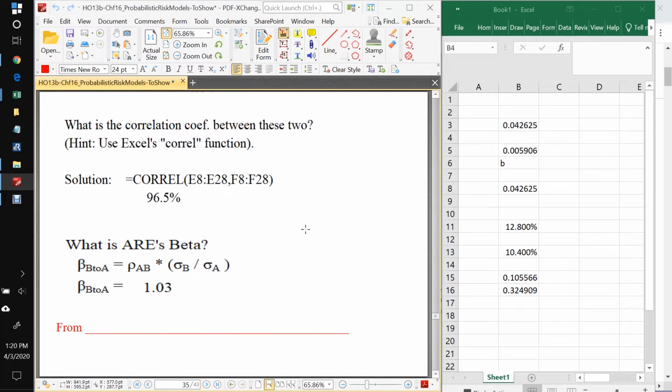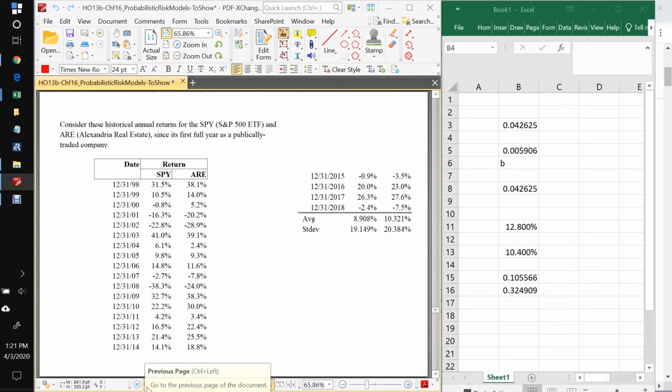Okay, so the first thing we might want to do is say, we've got this data, what's the correlation coefficient between these two? If we were out there in the real world, we could do this with Excel's CORREL function, but in this class, and people do this with calculators all the time, we could use this formula and see if we can get it with that formula.